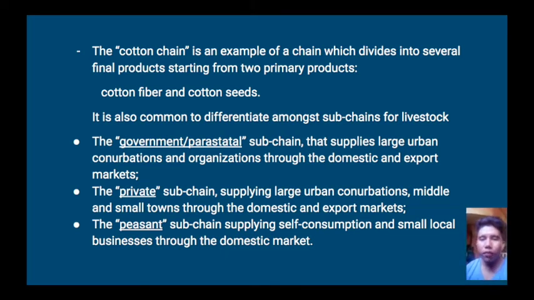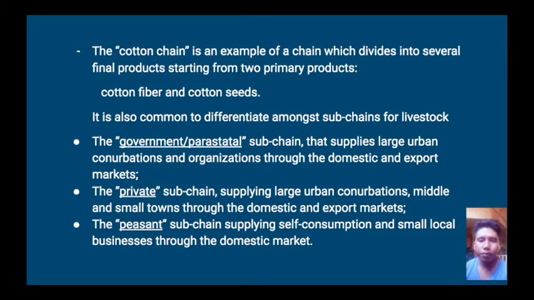The cotton chain divides into several final products, two primary products such as the cotton fiber and the cotton seeds. It is also common to differentiate among the subchains of livestock production.